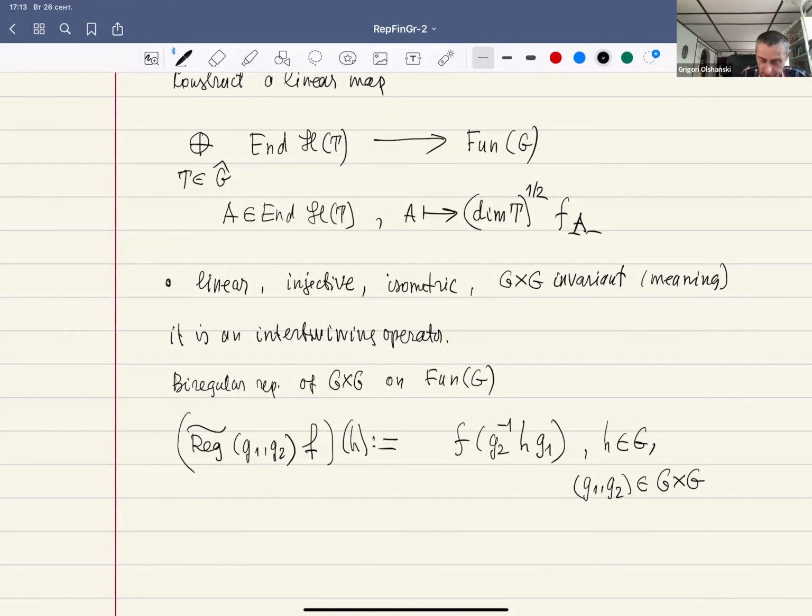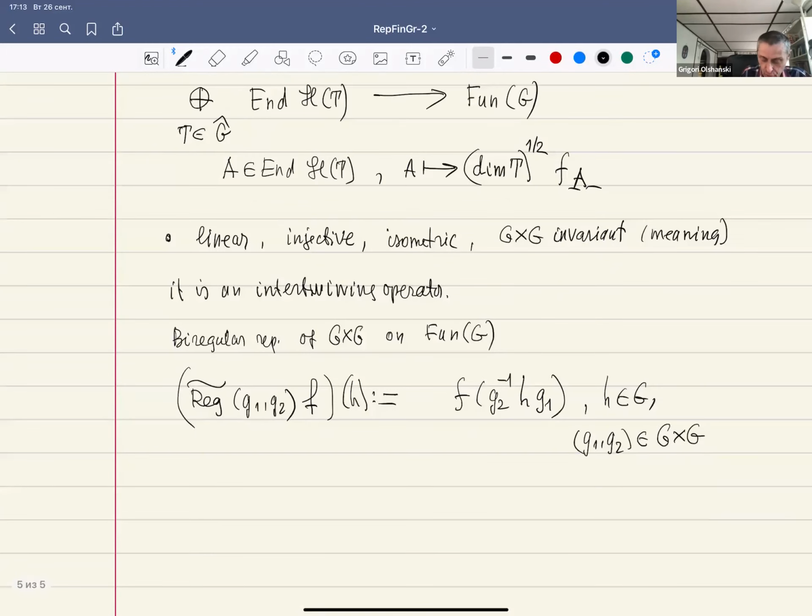But if I want to define the action of G cross G on operators, the corresponding action is as follows.